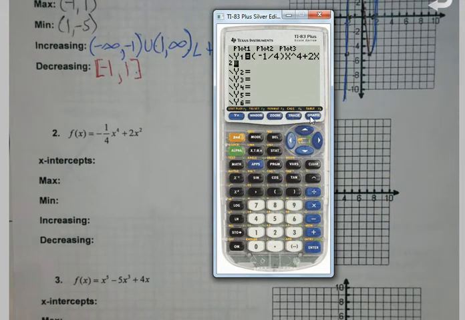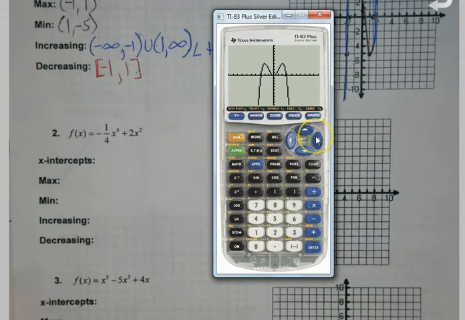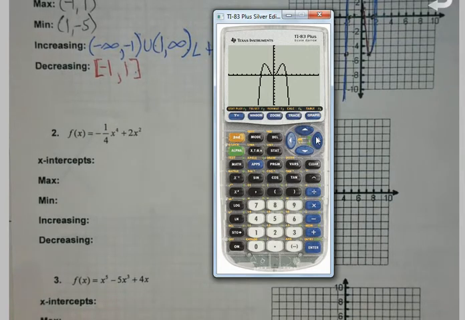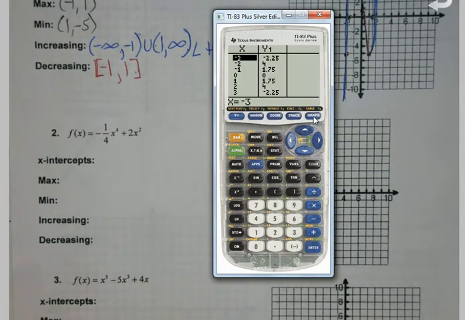All right, let's see what this looks like before we even start here. Okay, now this one, bless you, this one's going to be a little more interesting. So I still am going to do my other stuff before I get to increasing, decreasing, just to make sure we're accurate as we can be here. And I got a little bit fortunate this time because I see I get at least one of my x-intercepts this way.